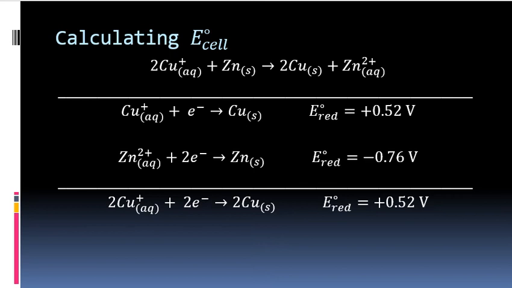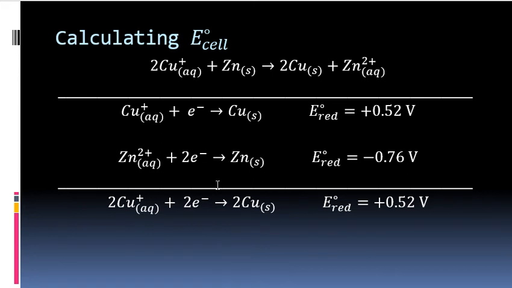So even though, just to get things balanced, I multiplied the copper half reaction by 2, the standard cell reduction for that half reaction does not change. So just keep that number the same.